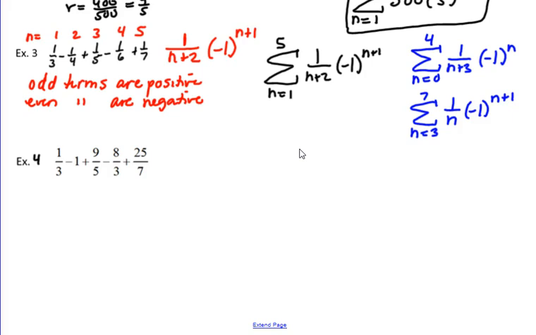Now example 4 is a little bit trickier. Example 4 doesn't have an obvious pattern to begin with. You might want to pause it and see if you could figure out the pattern for a second. If you can't, then I will be glad to tell you. I like to look in the numerator for a pattern and the denominator for a pattern.